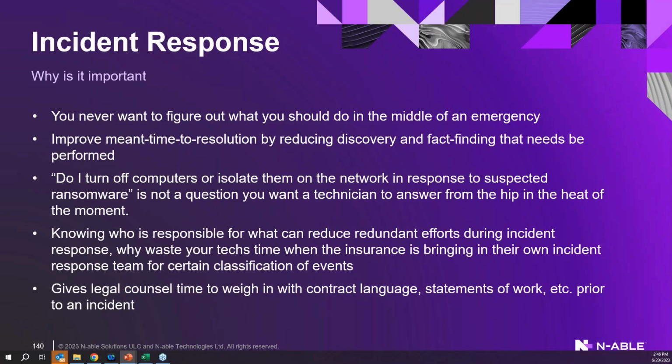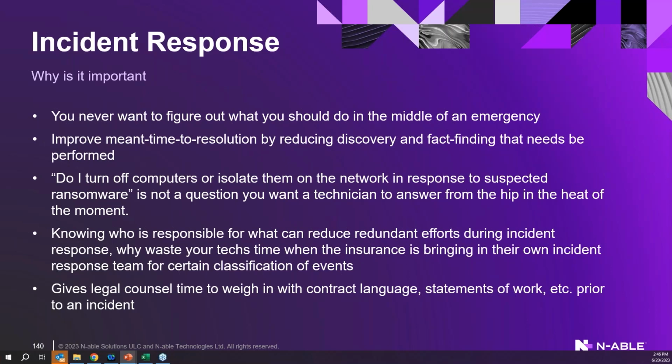Incident response management. So this is one of those fuzzy sets of security controls that, depending upon your experience as an MSP, how long you've been in operation, and whether you have previous enterprise experience or not, is going to mean different things to different people.